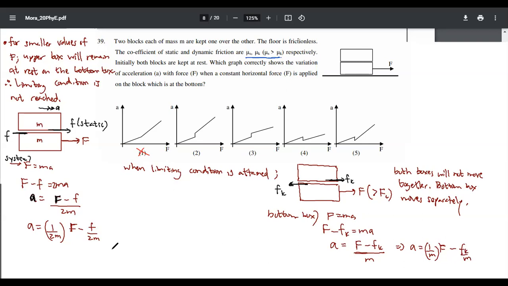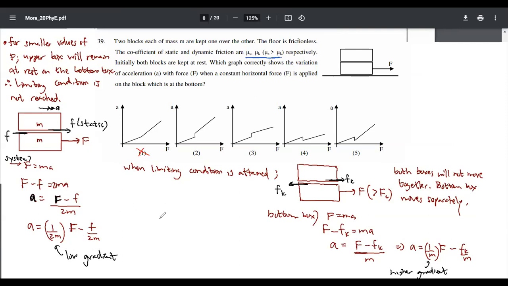Therefore, what can you say about the gradients? Which gradient is high? This is a low gradient. Here, a higher gradient. Therefore, which graph is the most suitable one? And the other thing, acceleration, will it increase or decrease?